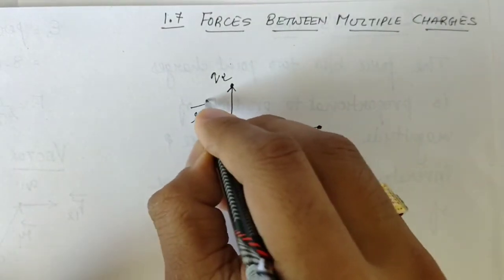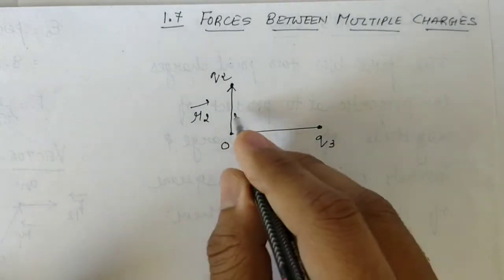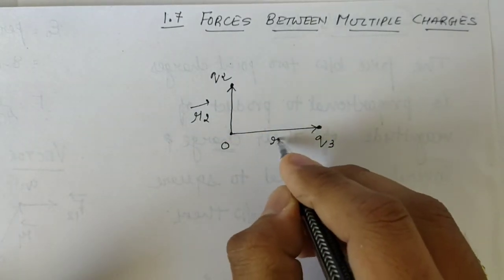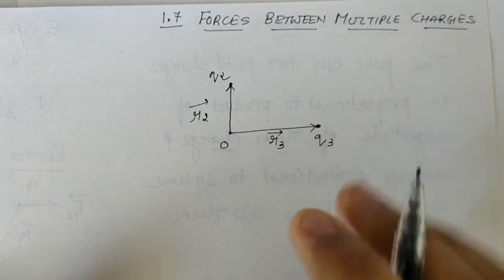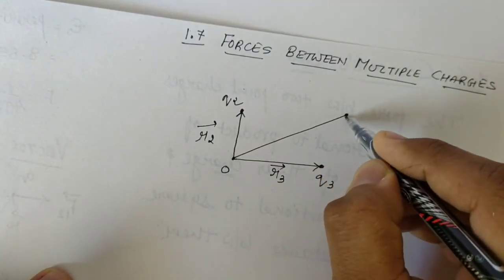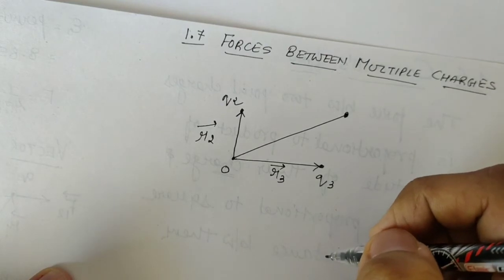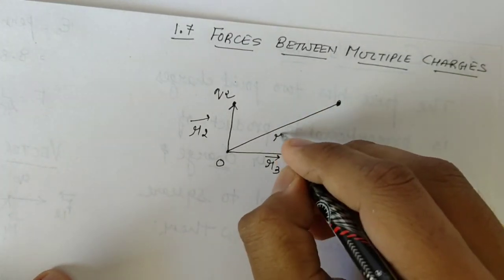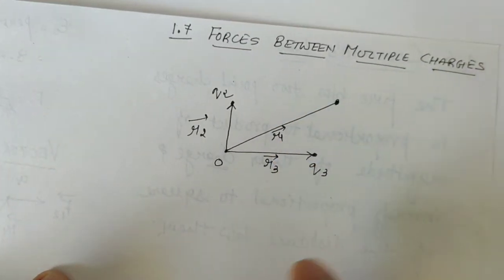Their position vectors with reference point O are R2 and R3 respectively. Consider one more charge Q1. Its position vector is R1.